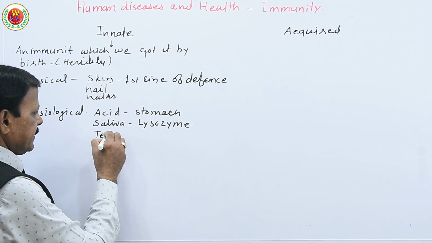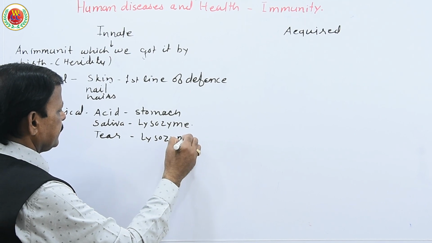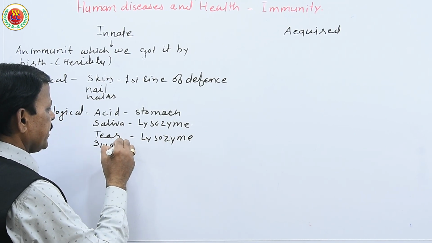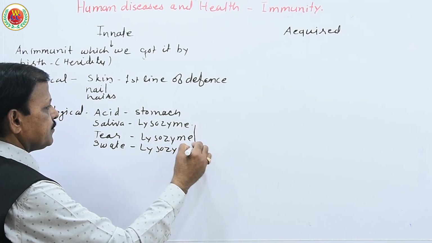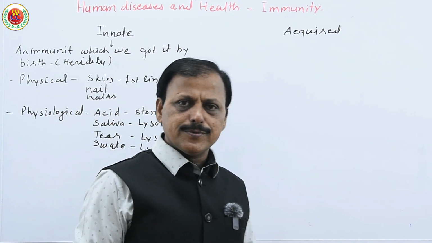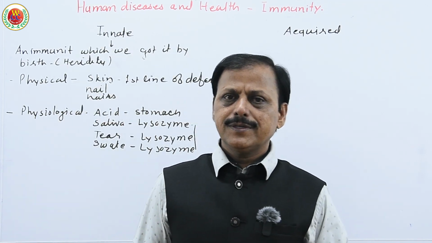Even tears have lysozyme, and sweat also has lysozyme. So this lysozyme kills the microbes. Stomach acid kills microbes. So these are the secretions of our body.